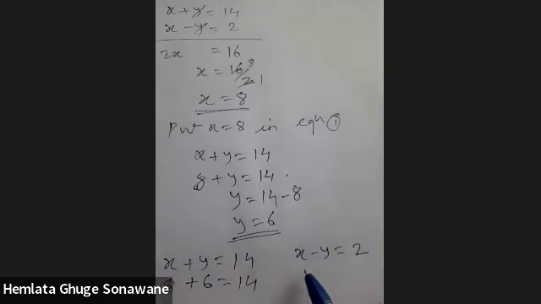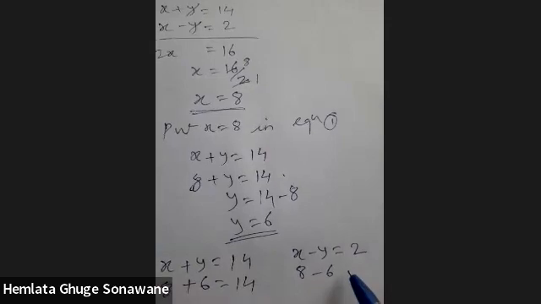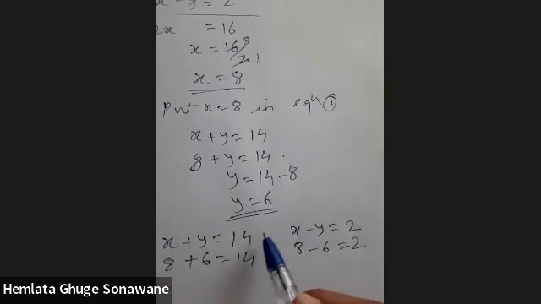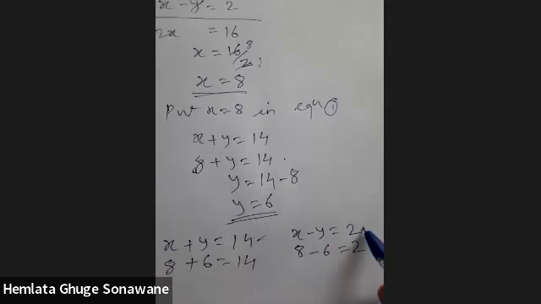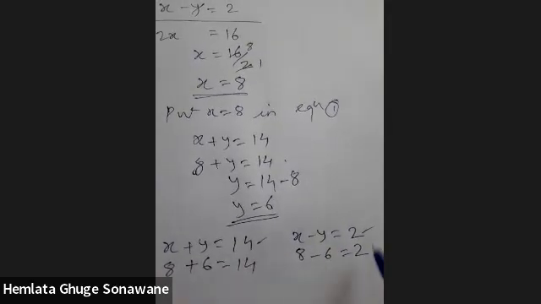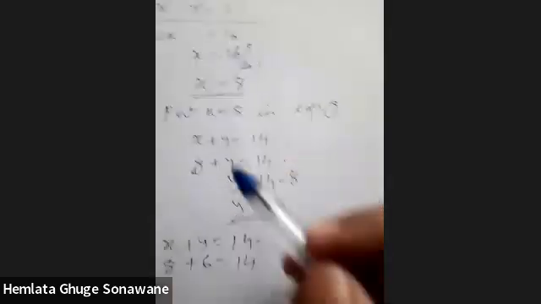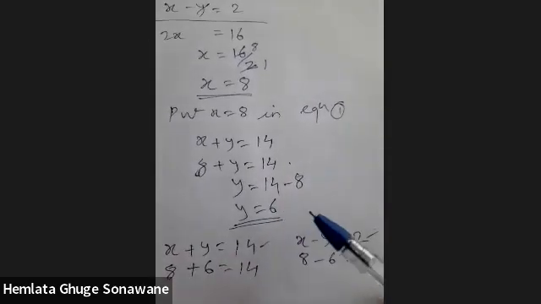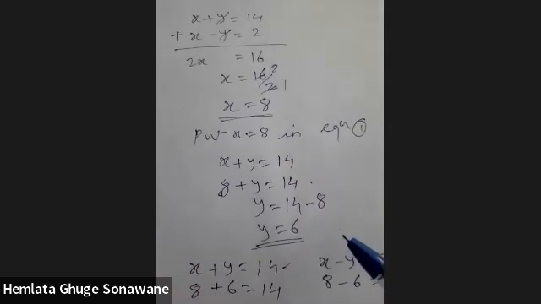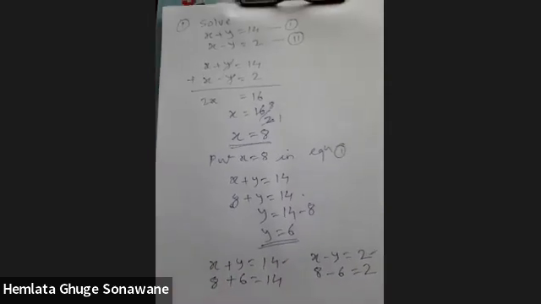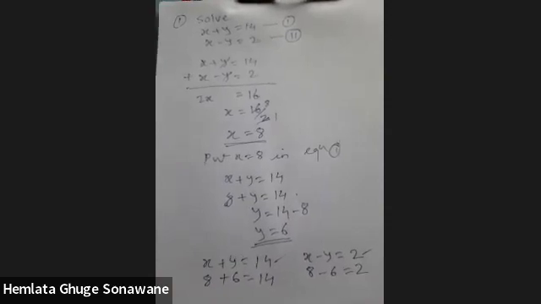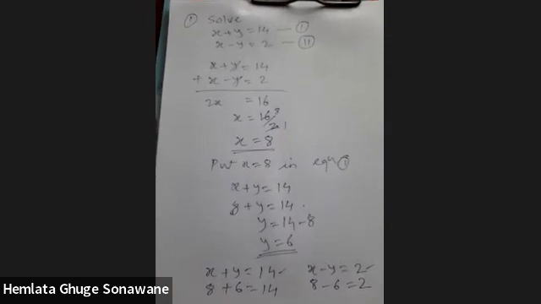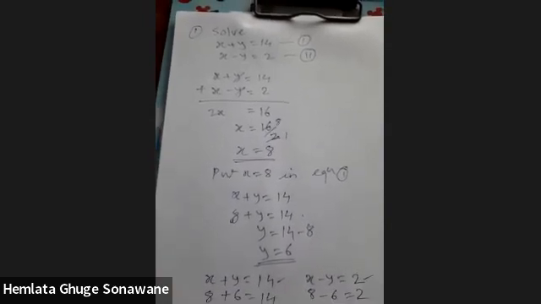The value of x is 8 minus 6. 8 minus 6 is 2. Okay, it gives the correct answer, which means both the values we have got are right. That is, the value of x is 8 and the value of y is 6. In this way you can find out the values of x and y by solving the given simultaneous equations.